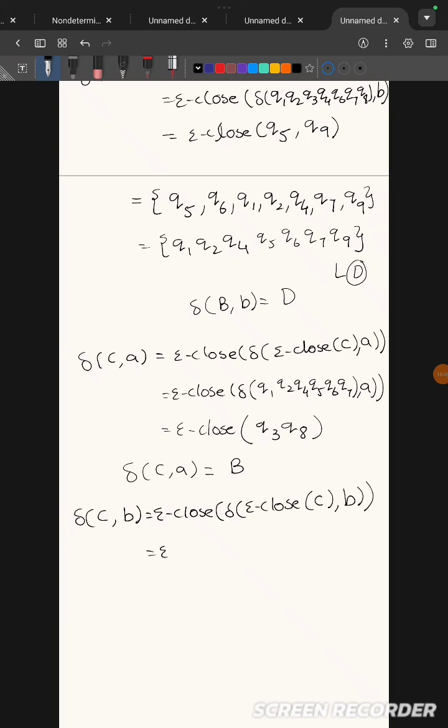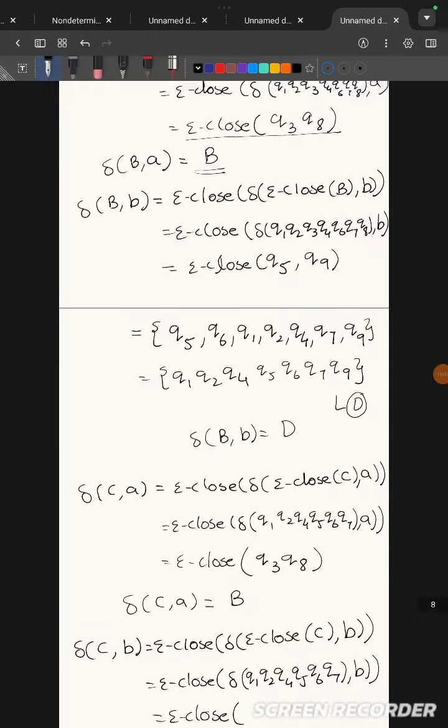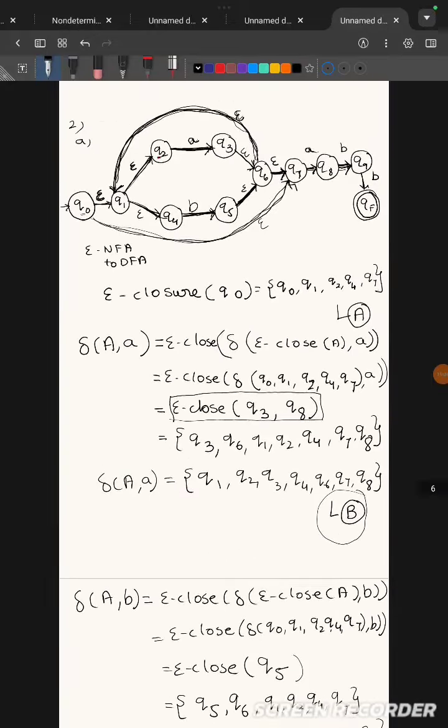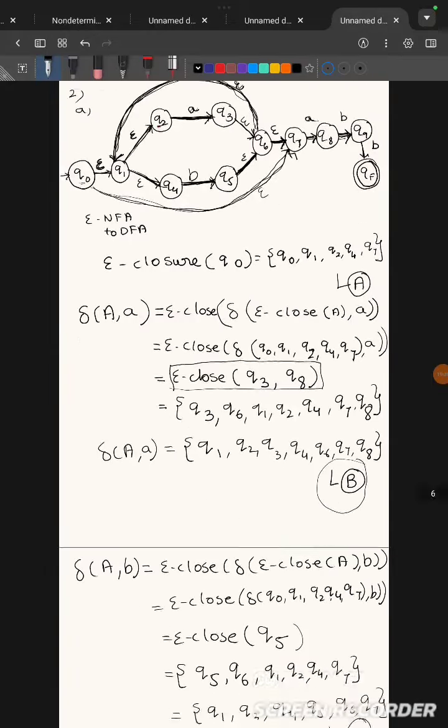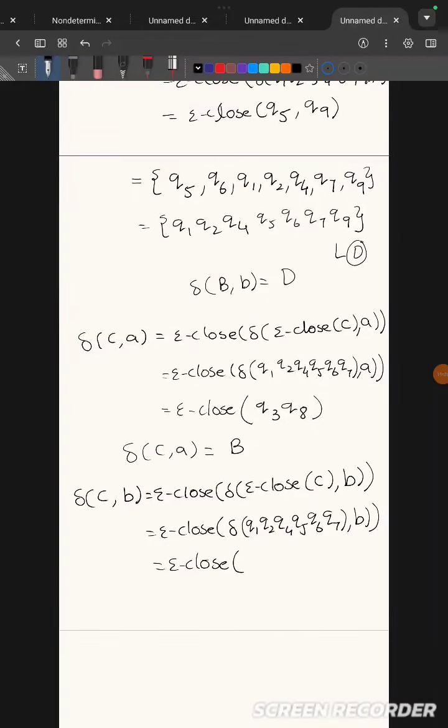The states are Q1, Q2, Q4, Q5, Q6, Q7 on b. Q1 doesn't have a transition for b, Q2 doesn't, but Q4 does. So Q4 on reading b goes to Q5, and we write Q5 over here.